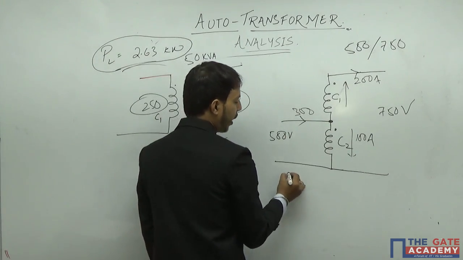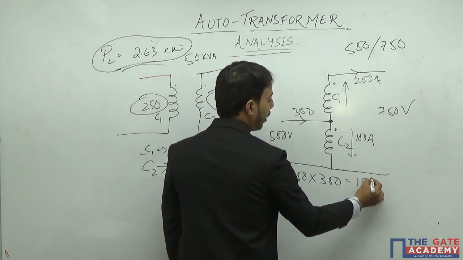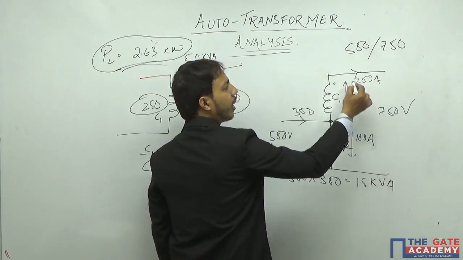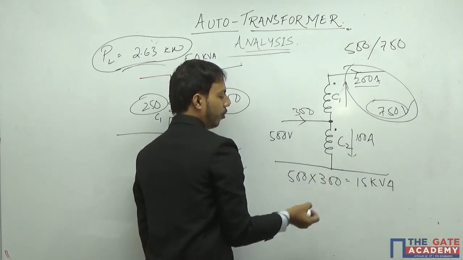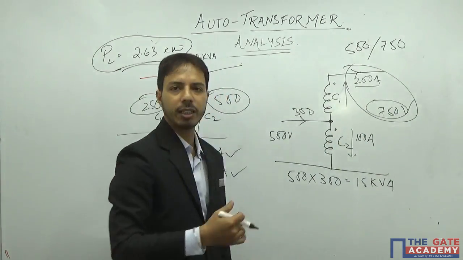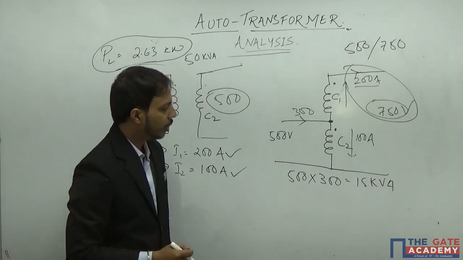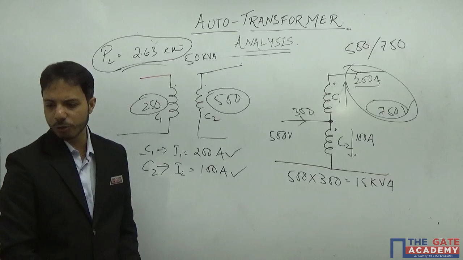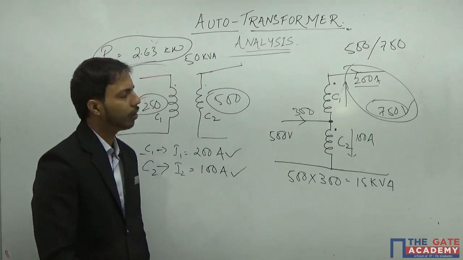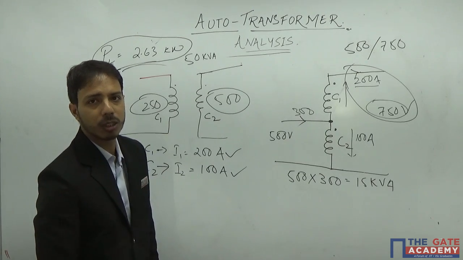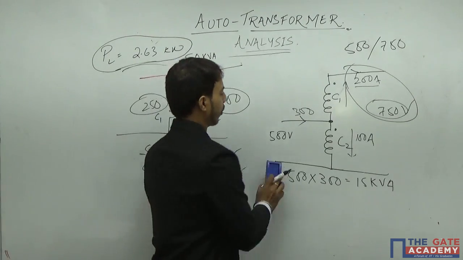So my kVA rating will be 500 multiplied by 300, which is 150 kVA. Also I can find it from here: my kVA is 200 multiplied by 750, which will also give me 150 kVA. Okay. Now what we need to find out is the efficiency. Also it is given that we have to find the efficiency at unity power factor.